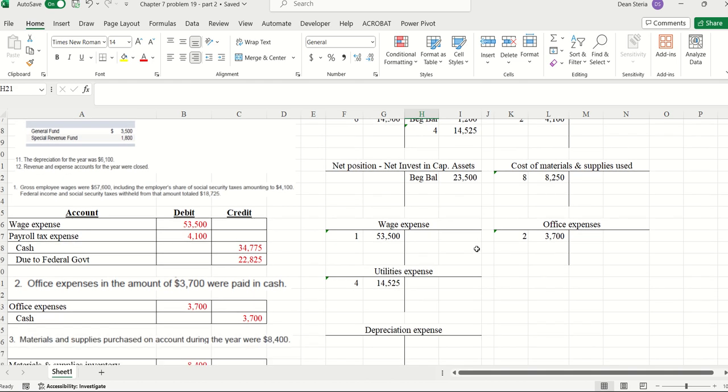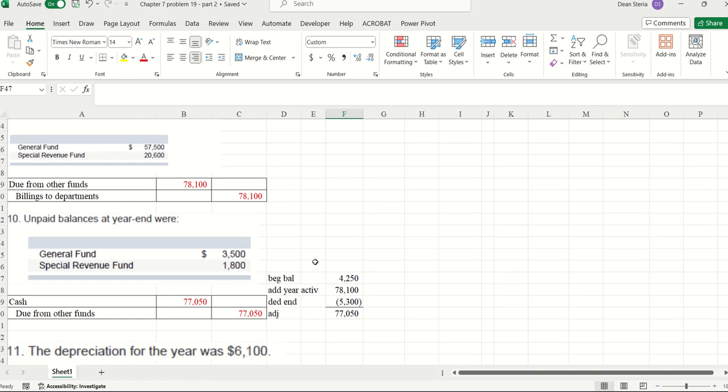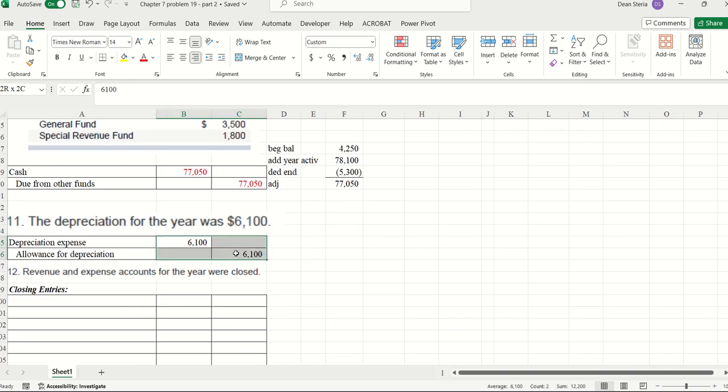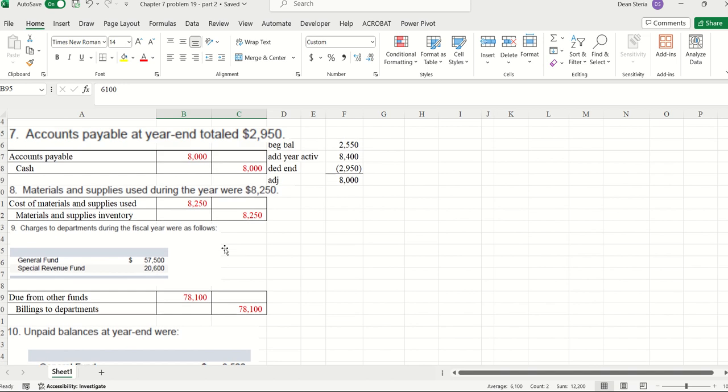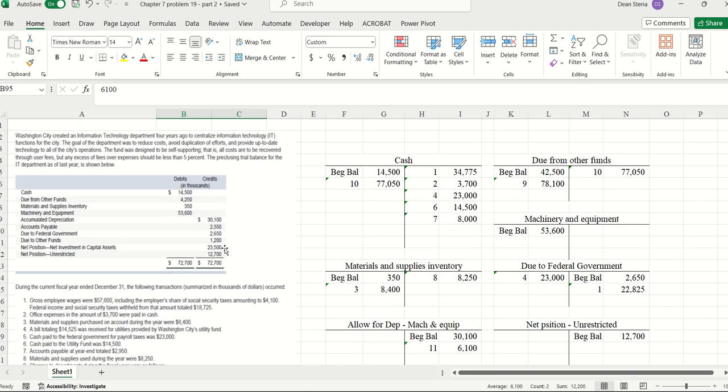So now we go down to depreciation expense, which will be a debit, 6,100, and that is 11. And we will mark off this last one. Okay, now just to make sure I got them all. Okay, it looks good.